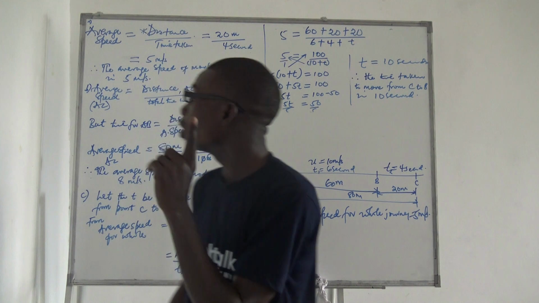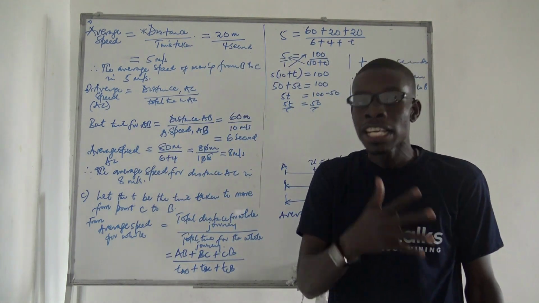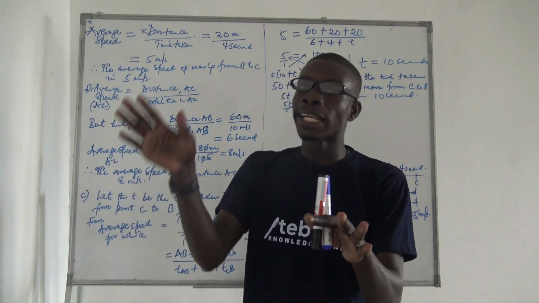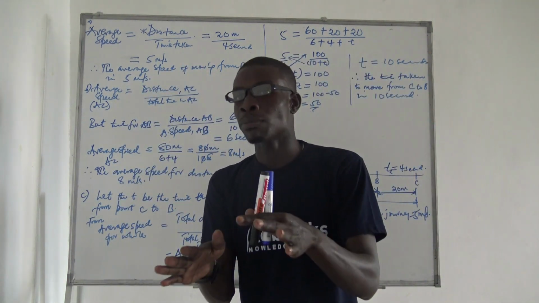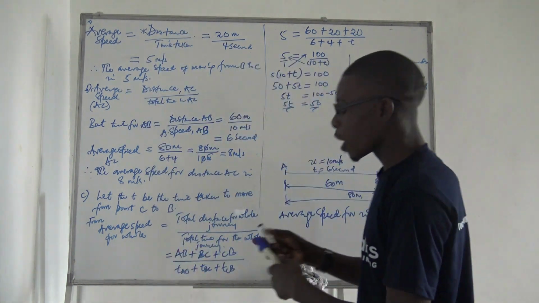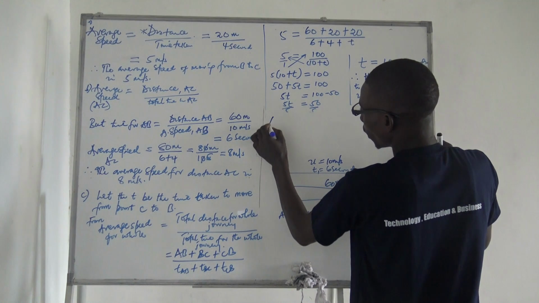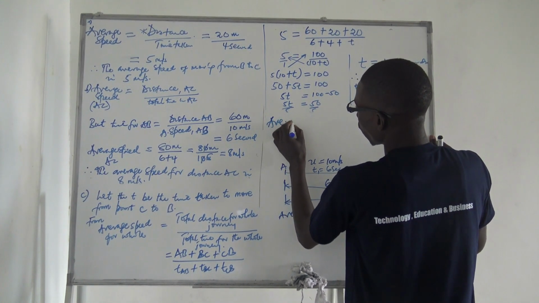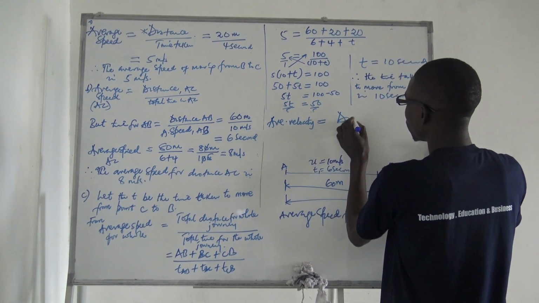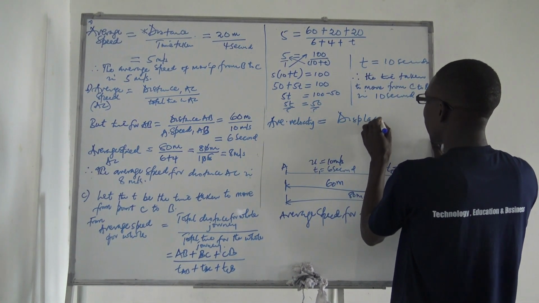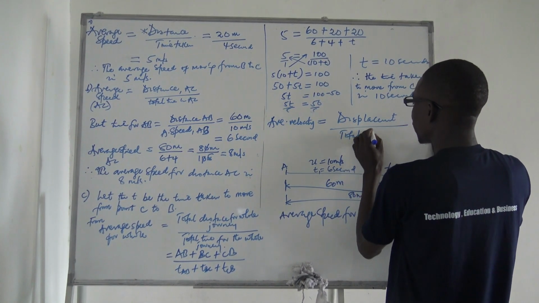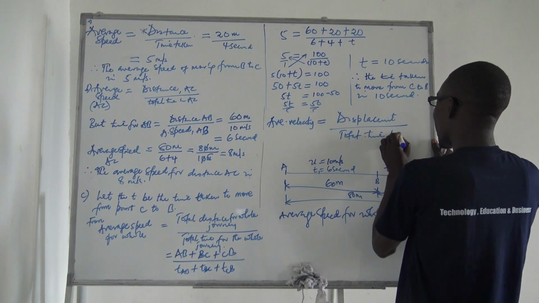And you should be in a position of knowing what a displacement is, because we looked at the difference between distance and displacement. So average velocity is equal to displacement over the total time taken.